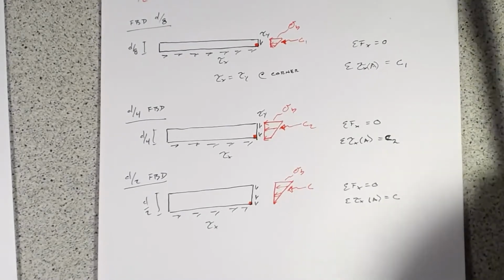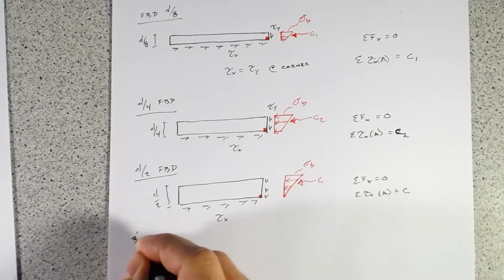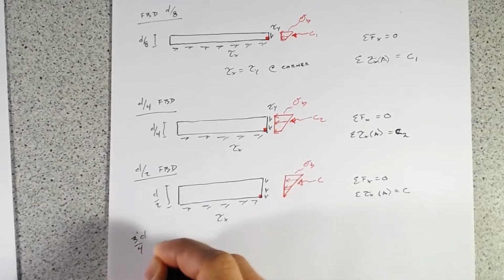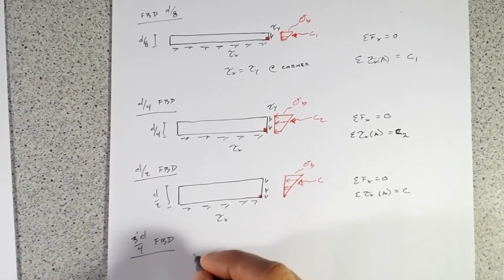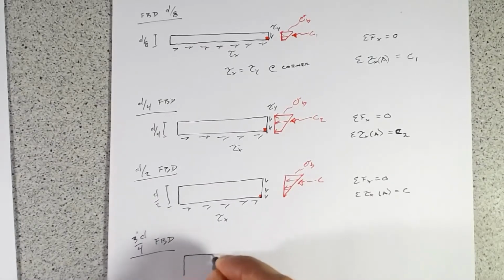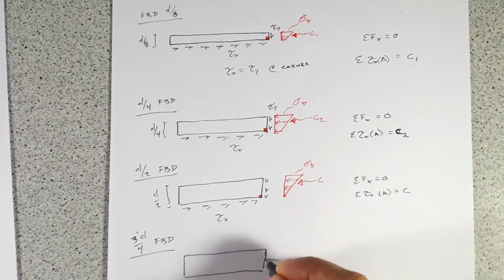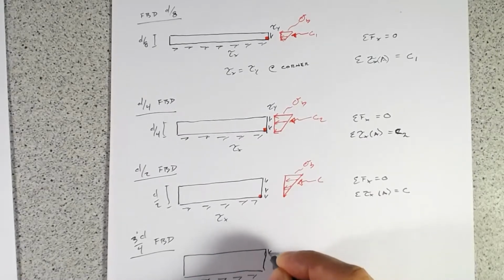Well, let's just go a little bit further. Let's go to 3d over 4. Let's go to a depth of 3/4 of the depth and coming down from the top. So again, we're going to have some longitudinal shear because we've opened that up. We've got our transverse shear.